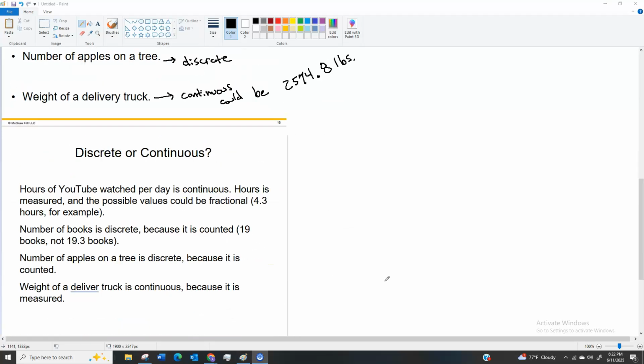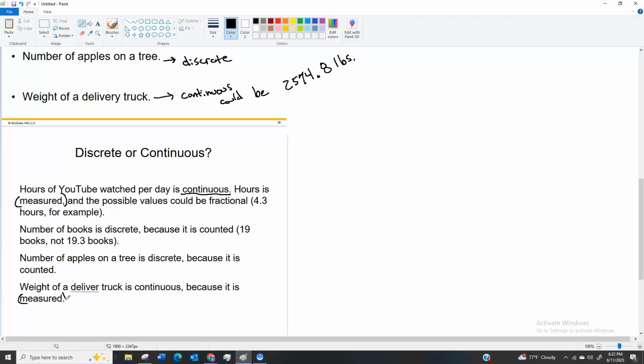And then here's the book's descriptions of these. It says hours of YouTube watched, hours is measured, and the possible values could be fractional, 4.3 hours, for example. Number of books is discrete because it's counted. Number of apples is discrete because it's counted. And then weight of a delivery truck is continuous because it's measured. So again, they're differentiating between being measured and being continuous.